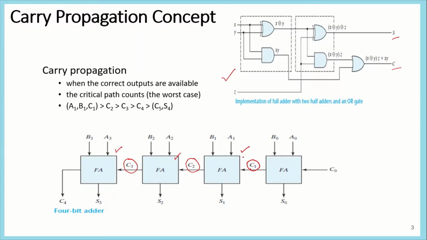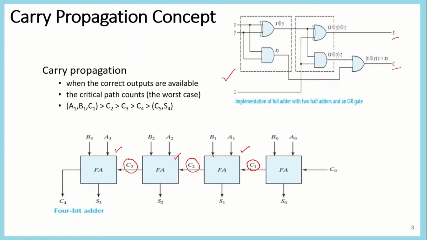For this full adder, it is also the same for C3. It means all these full adders have to wait for their carry term. This full adder for C1, this for C2 and this for C3. Only then can they calculate their result.